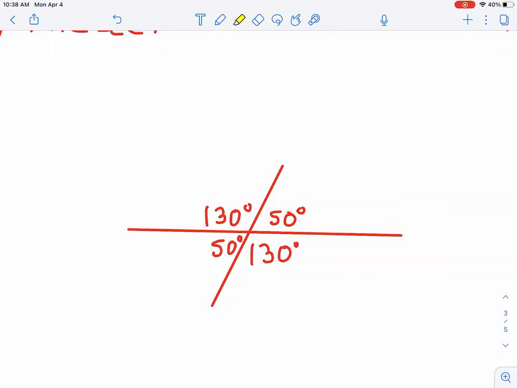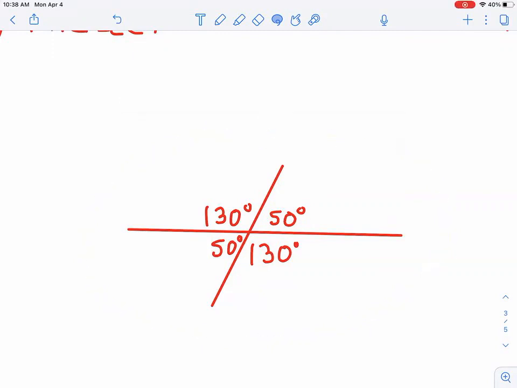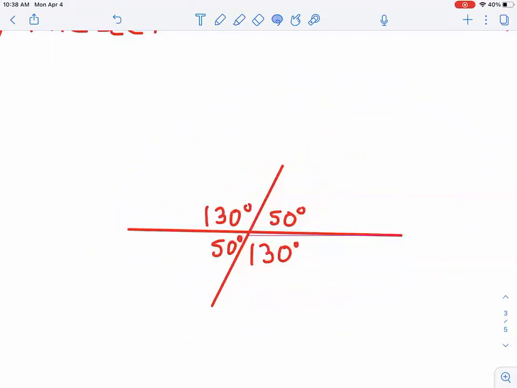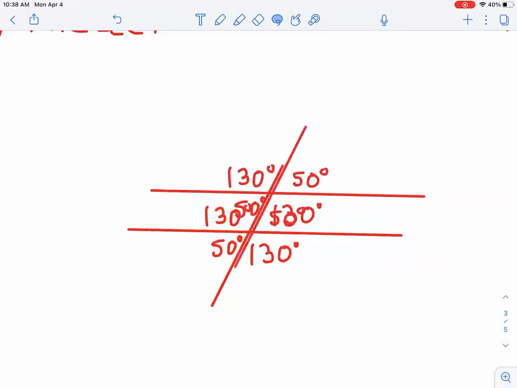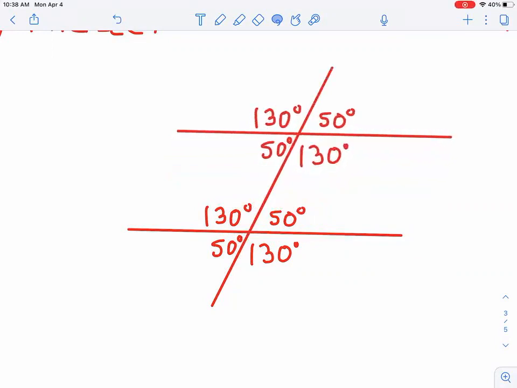All right, so just take a look up here on the overhead. What if I took this and I copy it and paste that right there? So I have this angle right here, and I'm going to slide it up to form a picture like this.